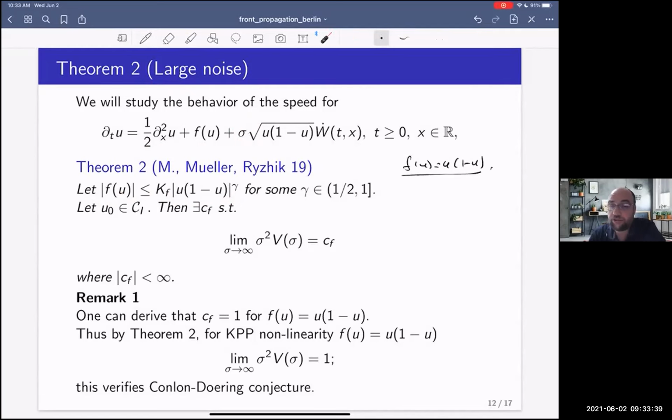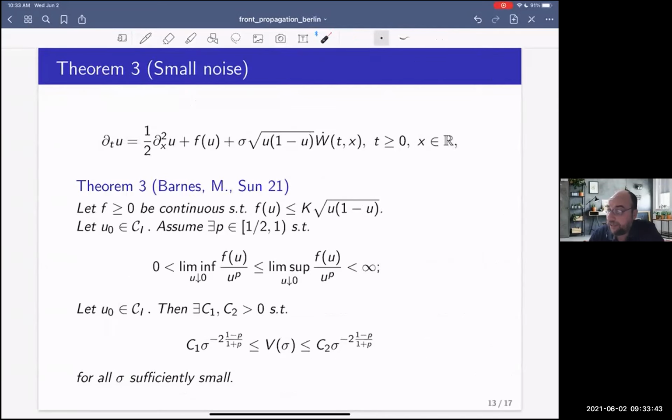What happens with the asymptotics for the speed when sigma is getting small? And this is the result with Clayton Barnes and Zhenyao Sun. We realized that we can get the asymptotics of this equation when sigma is getting smaller.